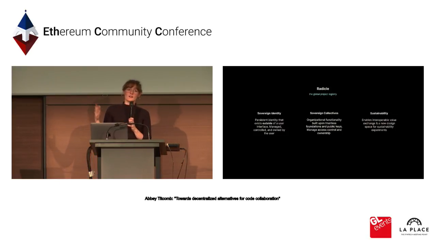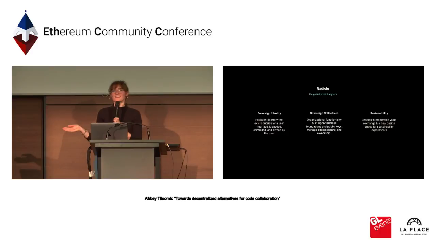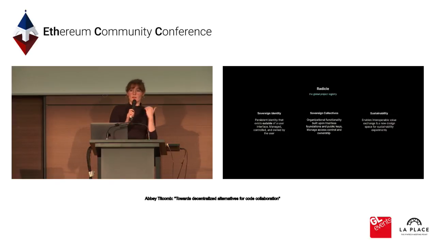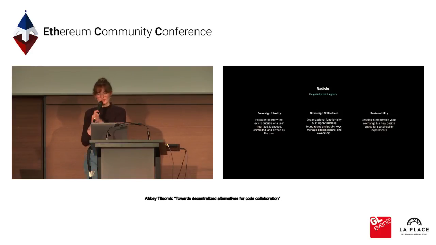And then third, it introduces this sustainable layer, right? Having a global project registry enables interoperable value exchange. And so this completely opens up what it means to introduce sustainability into the free and open source ecosystem. We know that this is an issue, that free and open source maintainers and contributors are underfunded and unsustained because the volunteer model that we have in place right now just doesn't vibe with capitalistic incentives, right?